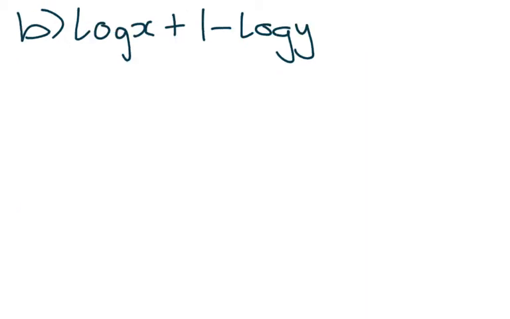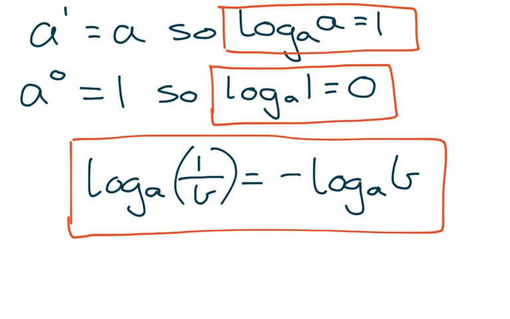The next one, again base 10: log x plus 1, take log y. So log x plus 1. Now this 1, we need to work out what that means. If we go back to our log laws, if we had an answer of 1, it means that the base is the same as what we're finding the log of.